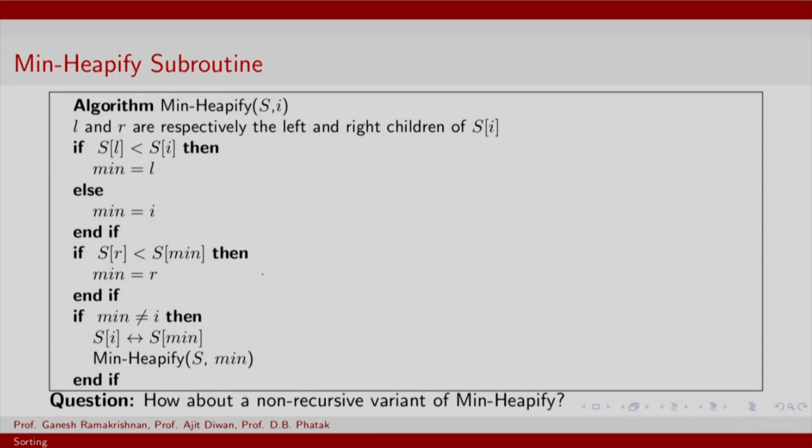What is the min heapify subroutine? So if you are at a position i, consider its children who are at position L equals 2i and R equals 2i plus 1. So if the array element at L happens to be less than the value of the array element at i, then you know that the min is L, in which case you will need to do some reordering or restructuring.